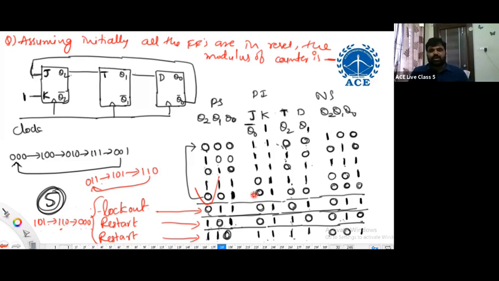No. With respect to a counter, modulus is the number of distinct states the counter is repeating. It need not be in order. Don't go with the mathematical modulus. Generally we think mod 6 means 0 to 5, 6 modulo 6 is 0, 7 modulo 6 is 1, and so on. That is the mathematical modulus, but with respect to counters, modulus is the number of different states the counter is repeating. That is called modulus.